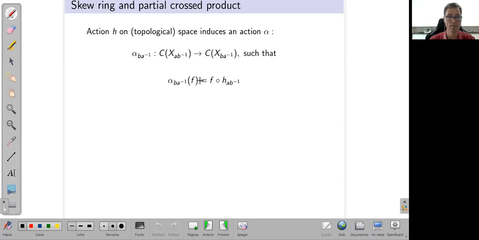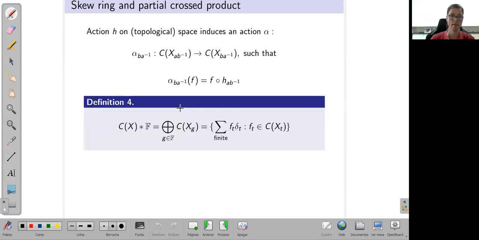Let's say I take a continuous function f here, and I have to land in a continuous function on the subset of sequences that starts with B. So I get an element that starts with B, and I apply h. That means I take the B out, I put the A in front, and now I can apply my function f. So that's the action.